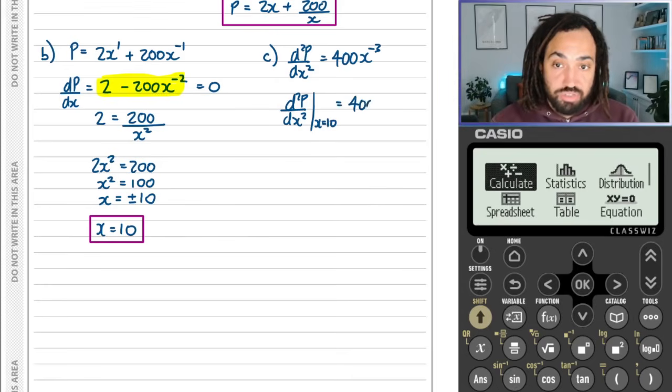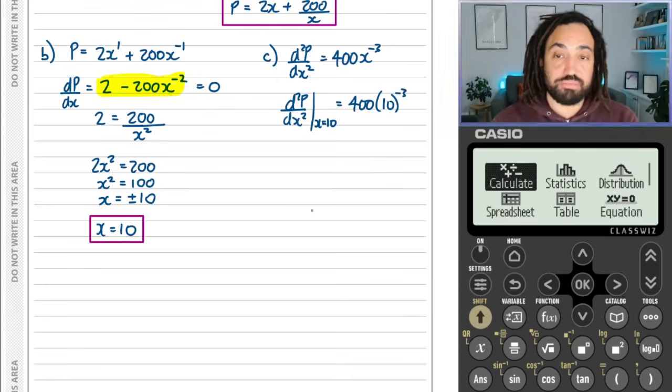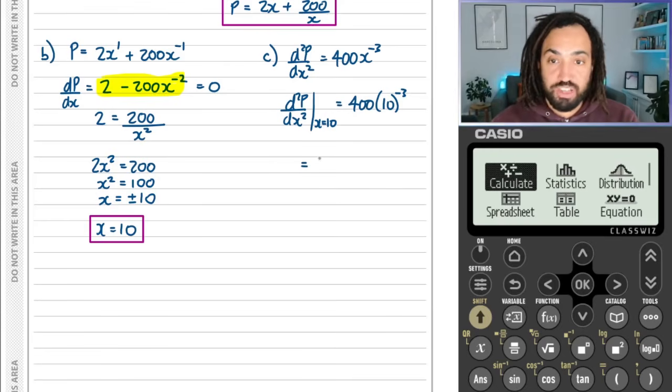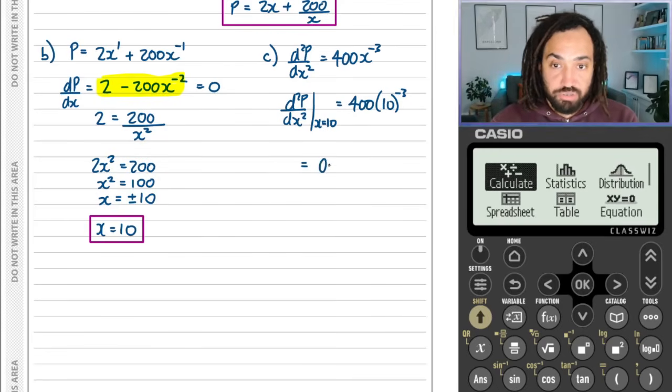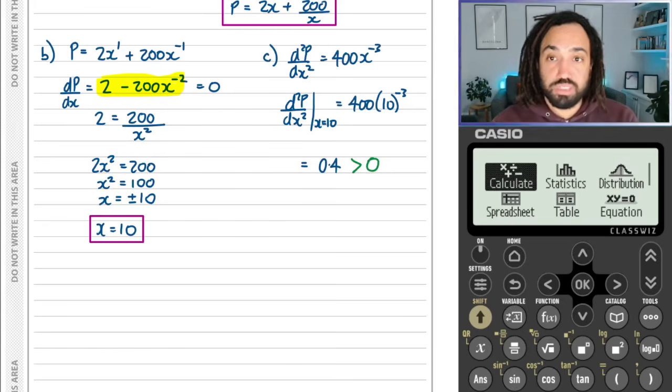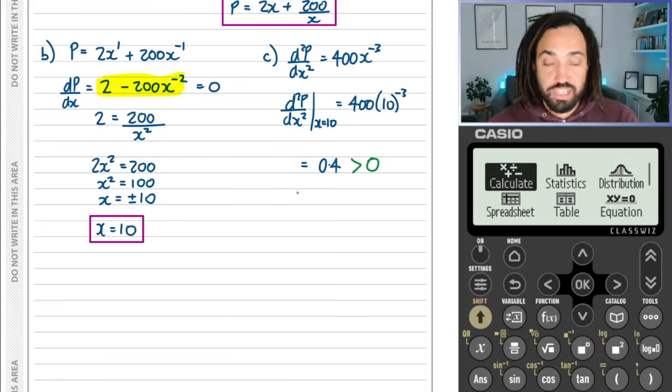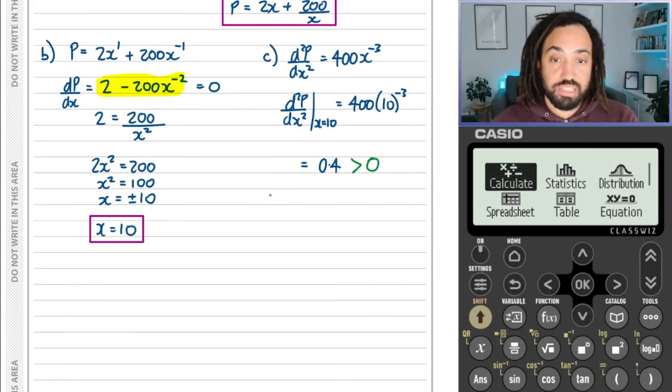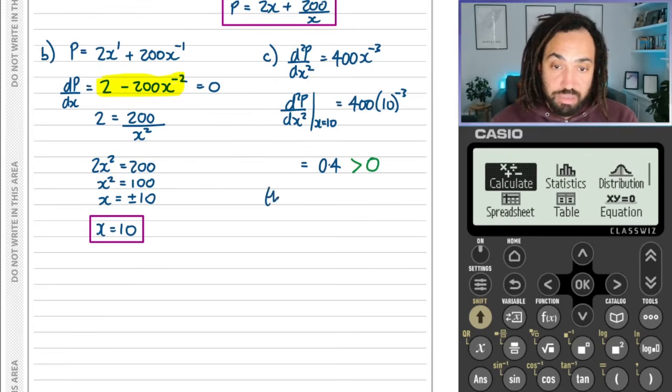So this is going to give us 400 times 10 to the minus 3. Okay, so what is that? Well, 10 to the minus 3 is 1,000th. 400 times by 1,000th is 0.4. But most importantly, that is greater than 0. It's positive.